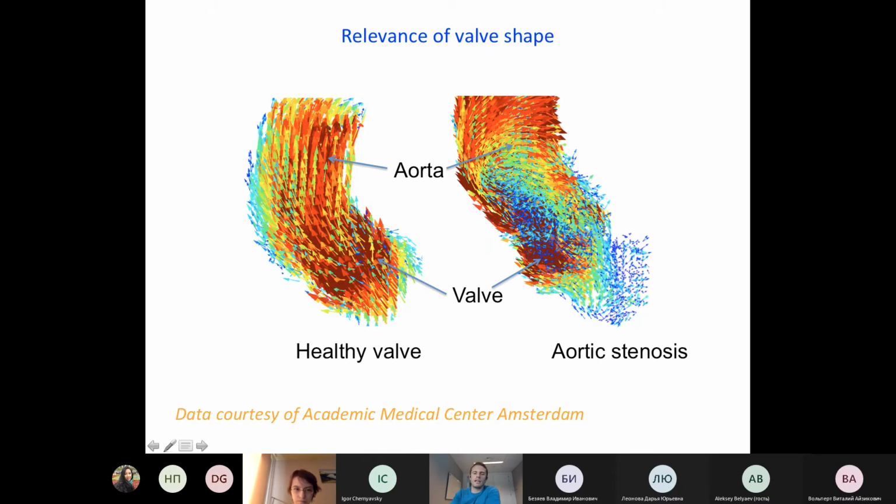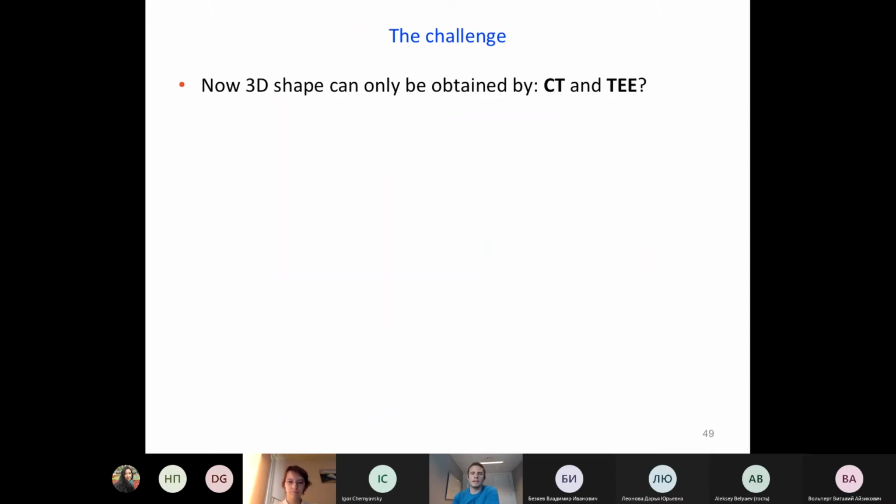So the question is, shape matters here, and it may be of clinical interest later to obtain the shape of the valve. The problem is that if you really want a 3D shape of an aortic valve, there are just two means to do that.